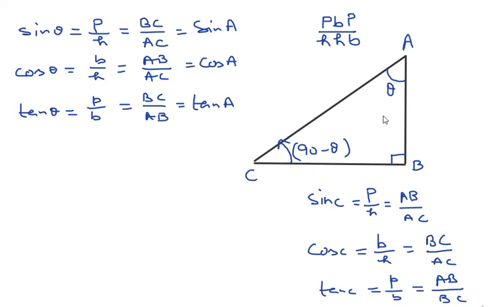Again, in front of the 90 degree angle, the side of the triangle always remains the hypotenuse, and base and perpendicular will change with respect to the angle. You can see on your screen, sin theta will be perpendicular upon hypotenuse. For angle theta, BC will be treated as perpendicular and AC as hypotenuse.